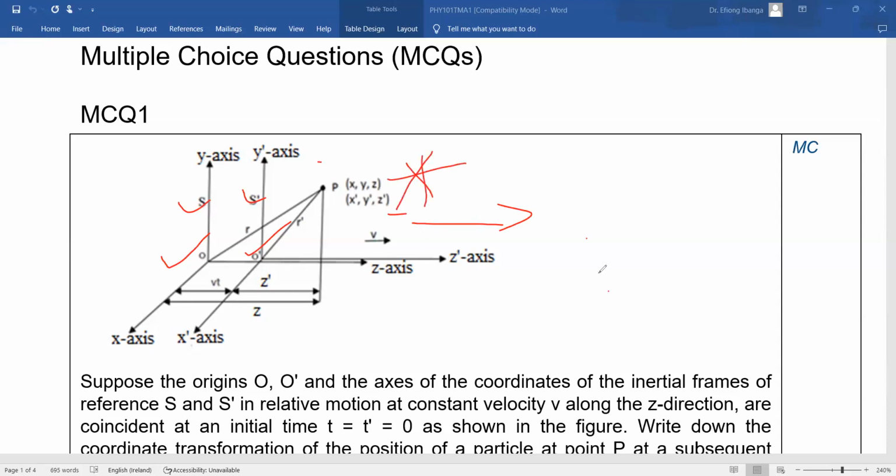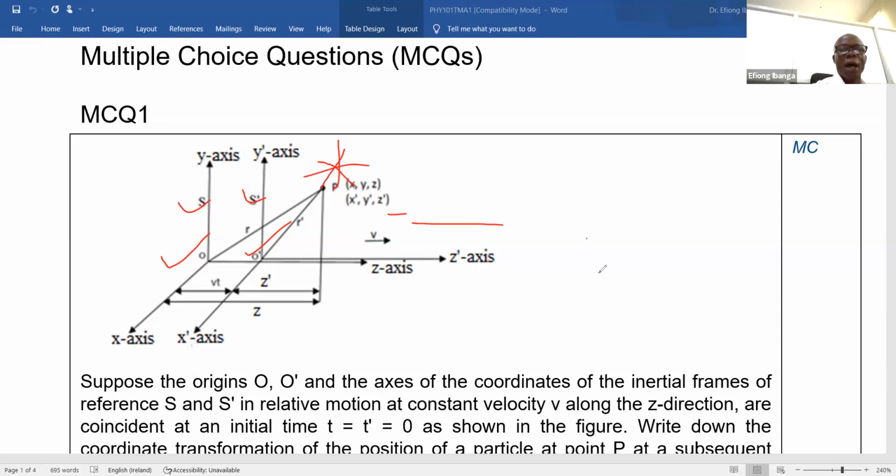The thing explodes somewhere here, and they are trying to measure its position. So this man that is stationary, in this frame of reference here, will be giving his measurements in terms of x, y, and z, while this one will be giving his own in terms of x prime, y prime, z prime. Is that correct?